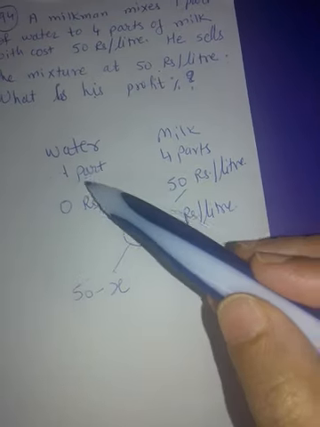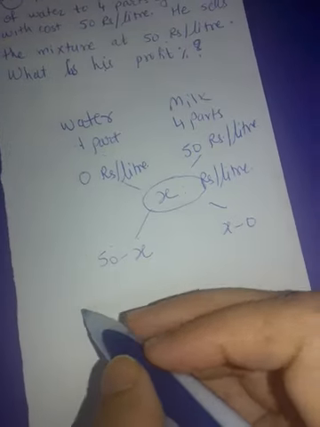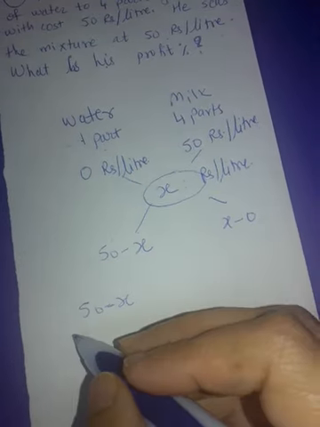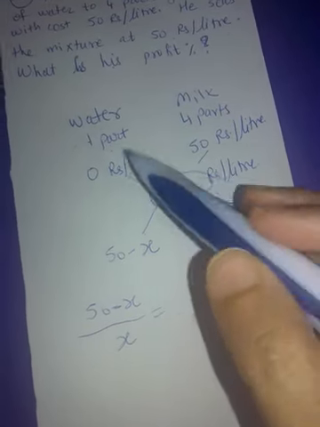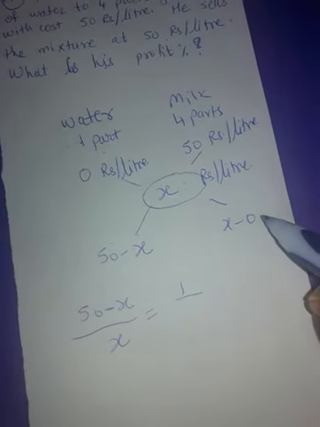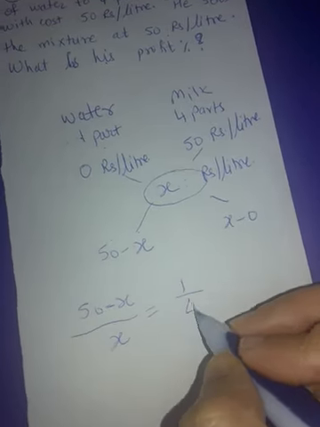1:4, that is given to me, 1 and 4. So (50 minus x) upon x is equal to 50 minus x, that pertains to 1, and this pertains to 4.